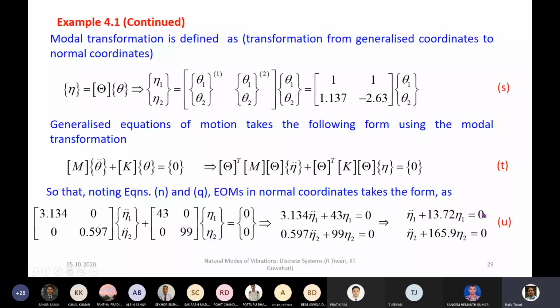So you can see this is a single degree of freedom equation where if I divide by mass, this will be the natural frequency square. Similarly for the second one. So these are the uncoupled equations which we are trying to find so that the solutions of these equations are easier.